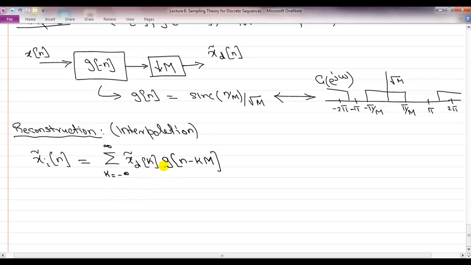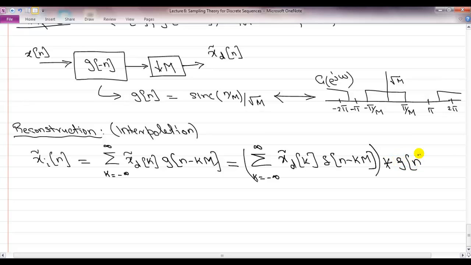So if you want to talk about interpolation, that is simply given by the sum of all the inner products multiplied by your generator function or your basis elements. So in this case, we have the sequences, which is x tilde d. We multiply them with g of n minus km. And as we talked about it earlier, I can simply write that as x tilde d of k times delta of n minus km and convolved with g of n.